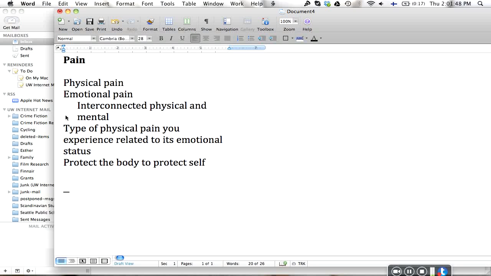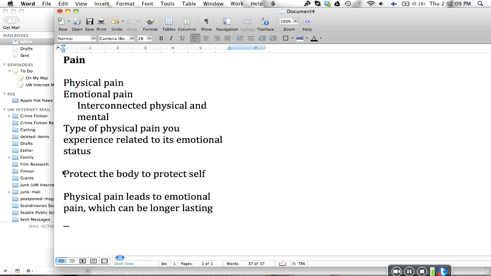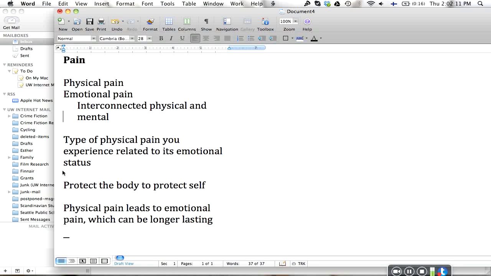Ben. So I was just going to bring up, in most cases, physical pain is caused first. That leads to emotional pain, and emotional pain is usually longer lasting, just because you usually get over the physical pain, but then emotional pain can stay. Okay, so physical pain leads to emotional pain, which can be longer lasting.